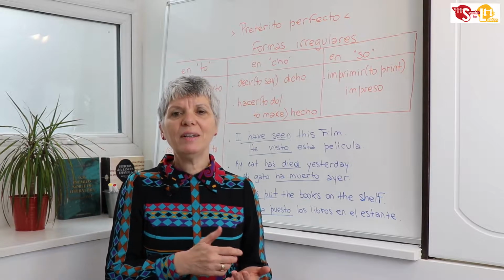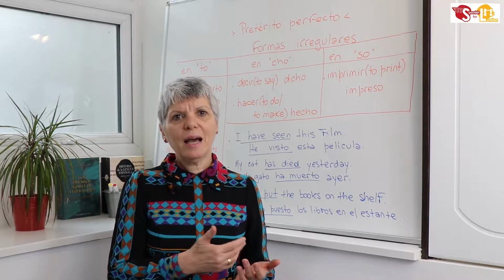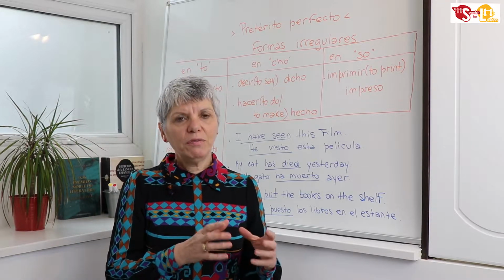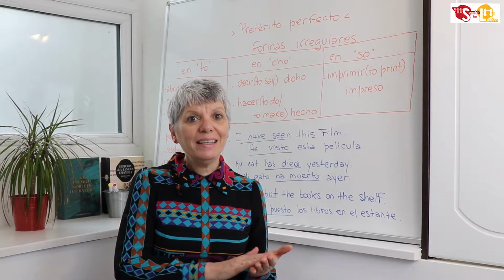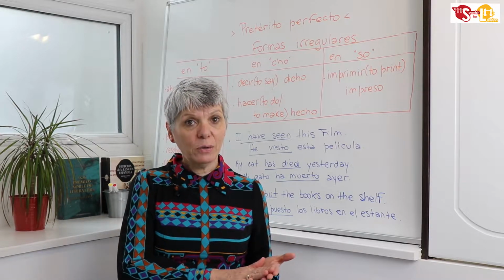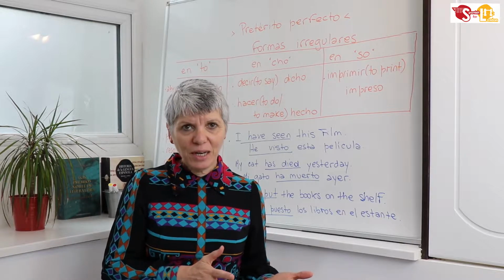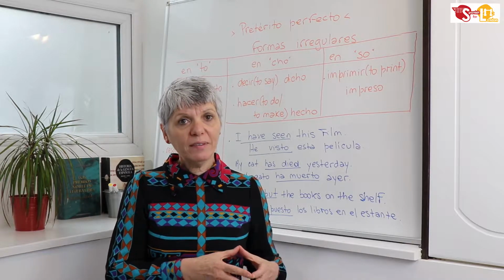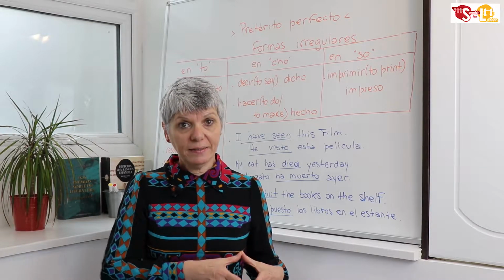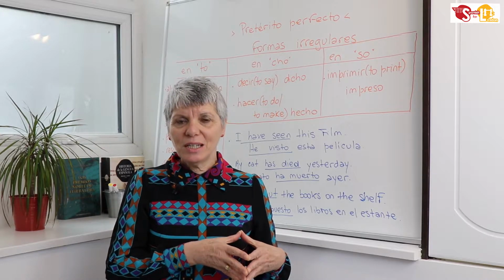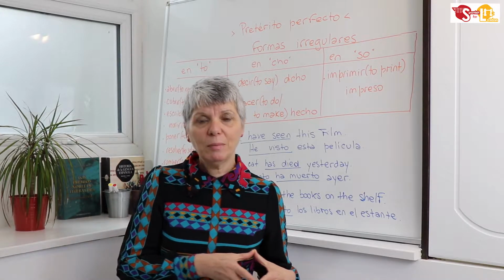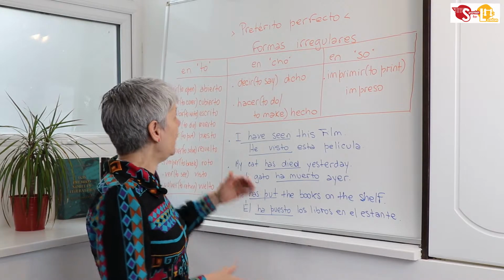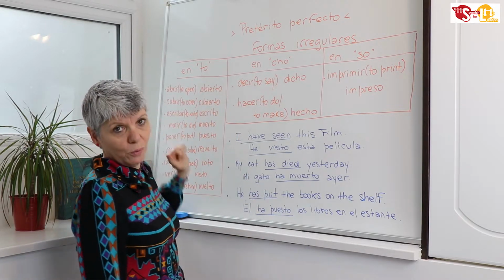When I say I have understood, we don't say I have understanded. So the form doesn't end with ed, but is irregular. Well, same happens in Spanish. In this tense, we have some irregular endings. But fortunately, they are easy to remember because most of them end with to.